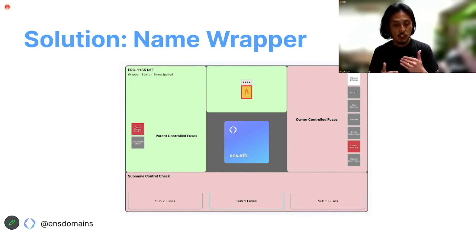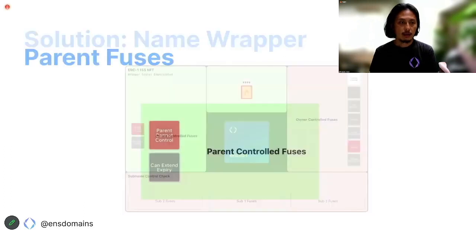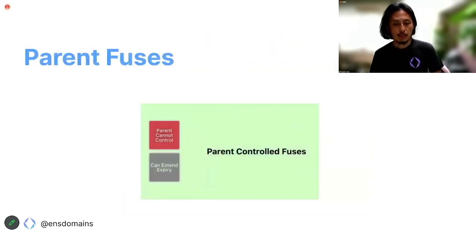It restricts some of the features the name owner can have. A couple of the main things: first, as I mentioned, to make it work as an NFT, it's important that the subname itself has its own control without being overwritten by parents. There are what we call fuses that you can burn, and once you burn them, you can restrict the power.